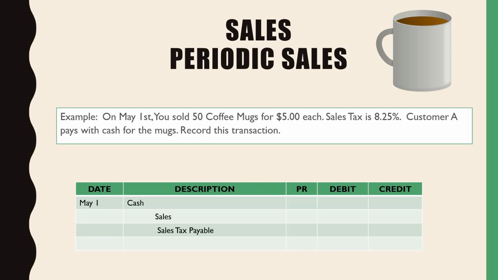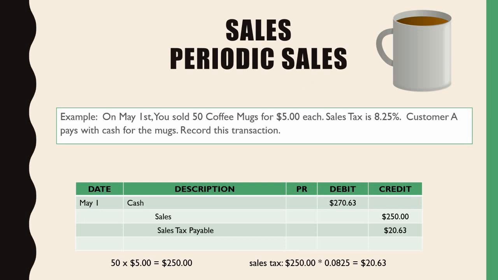Now, how do I calculate this? Well, let's focus on our sales first. How much did I actually earn from this sale? Well, I sold 50 coffee mugs at $5 each. So 5 times 50 gives you $250, okay? And of course, the amount of sales tax I'm going to be charging is going to be based off of my sales price or based off my sales total.